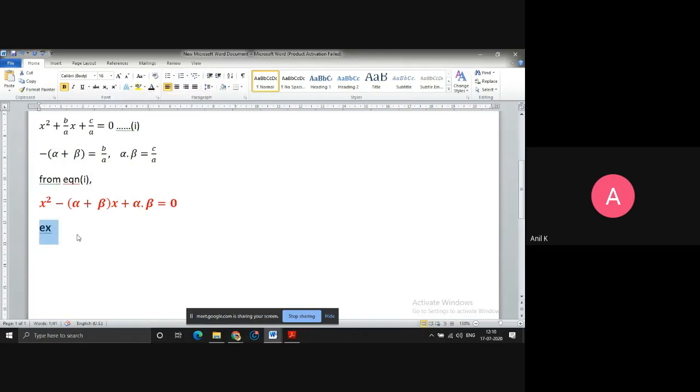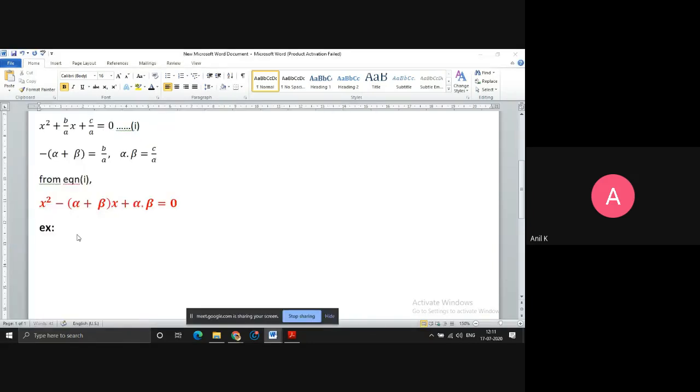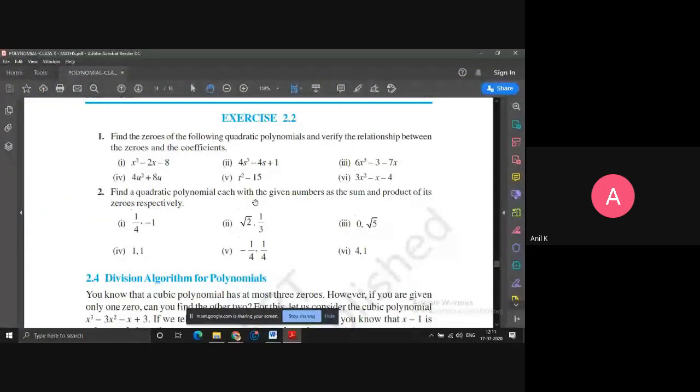Let me take from the exercise what example is given. Here, for example, the sum and product of its zeros are given. Sum is 1 by 4 and product is minus 1.